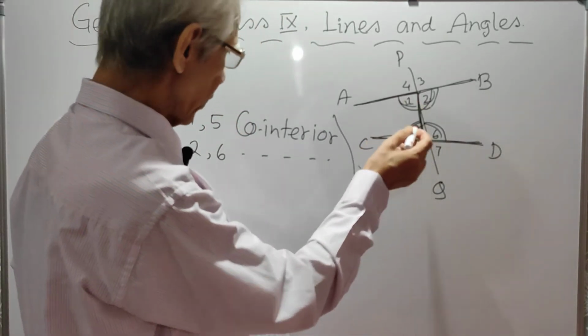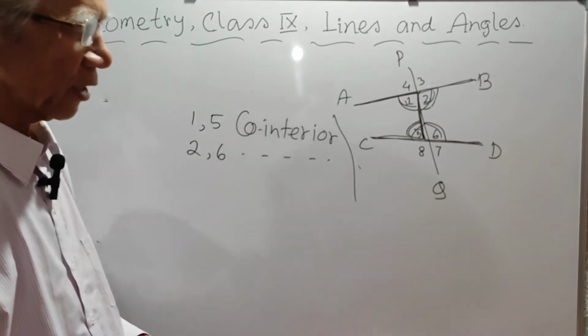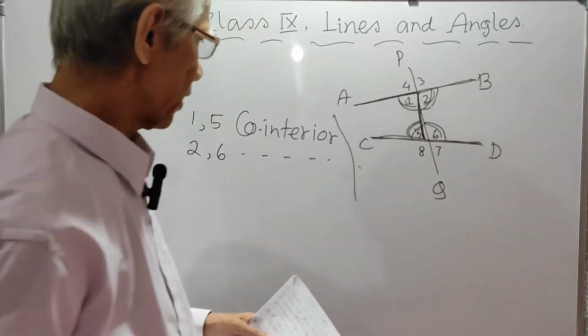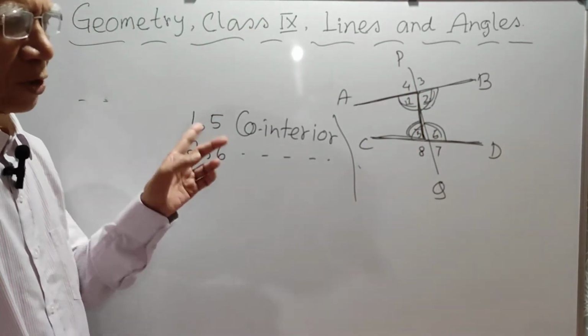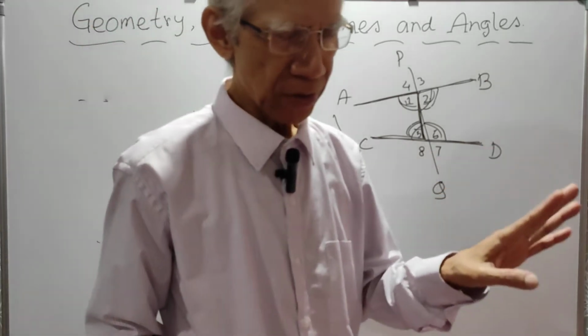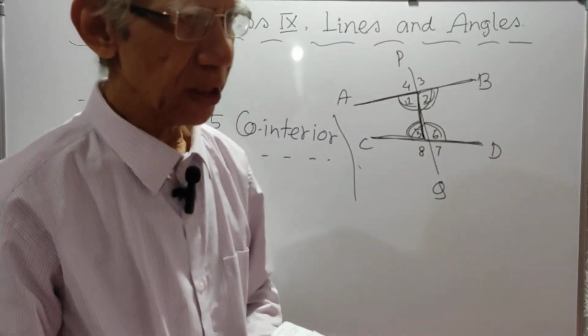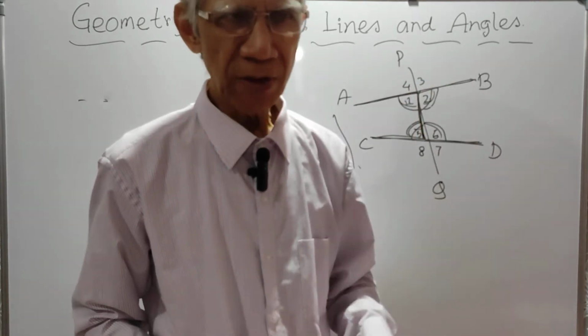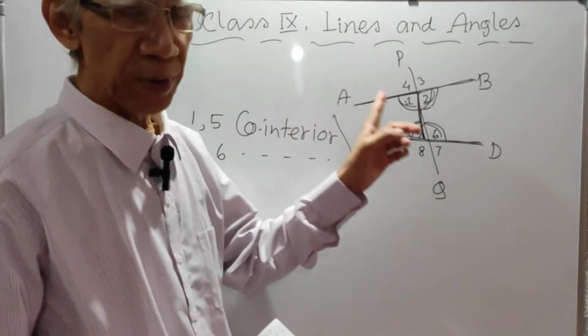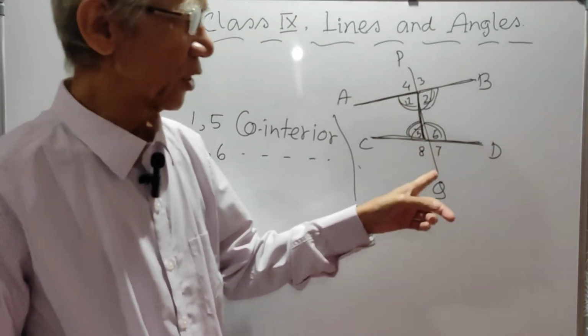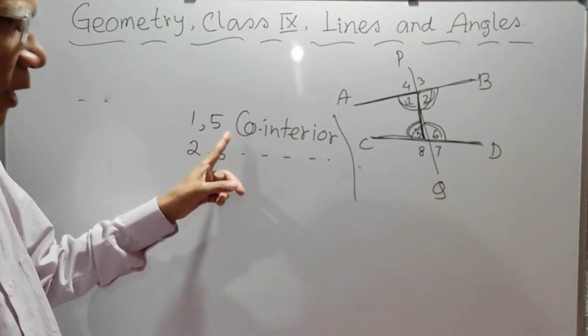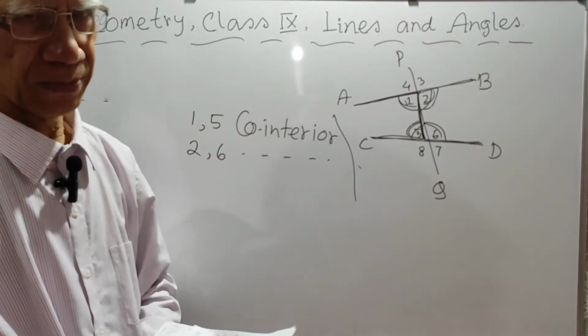So this 1 and 5 are one pair of co-interior angles, and 2 and 6 the second pair of co-interior angles. So what you saw, when two straight lines are intersected by a transversal, we get 4 pairs of corresponding angles, 2 pairs of alternate angles, and 2 pairs of co-interior angles. Okay.